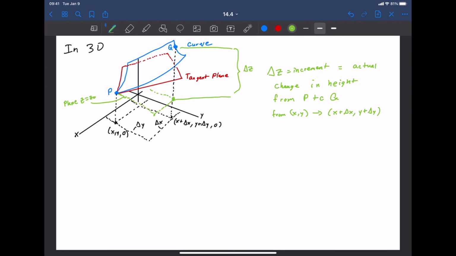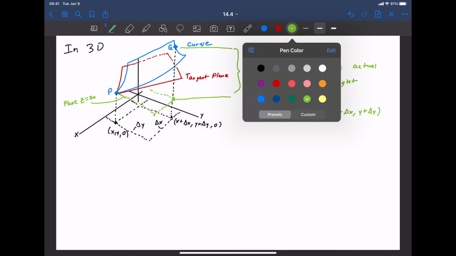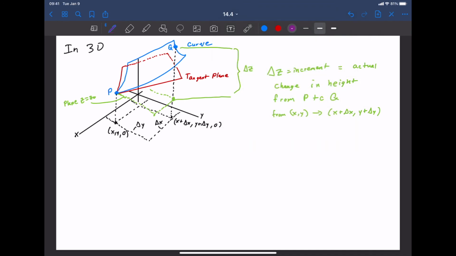Okay, dz, sorry, just trying to find the right color. dz maybe is the differential still.